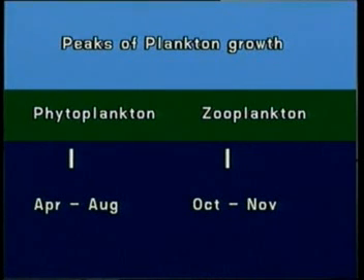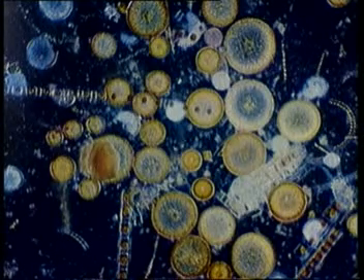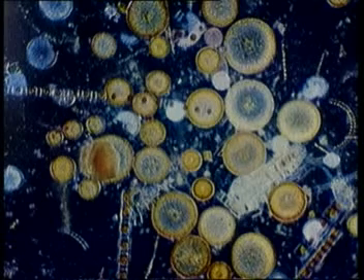During the first peak, phytoplankton dominates the lake, while the second peak is dominated by zooplankton. Diatoms, which are unicellular algae, are the chief element in phytoplankton, while copepods are the dominating organisms among zooplankton.